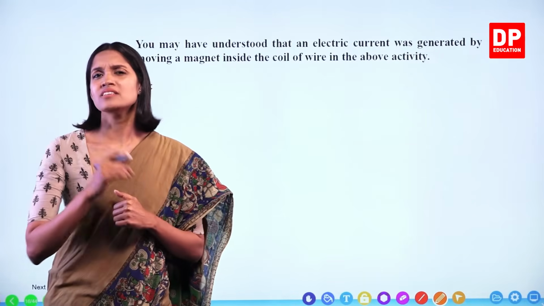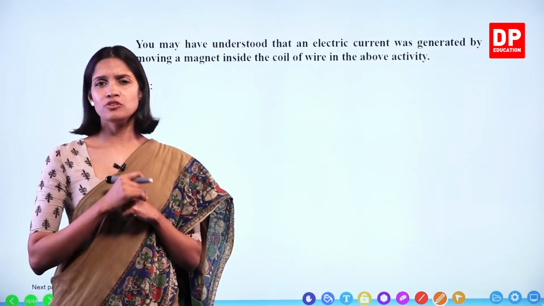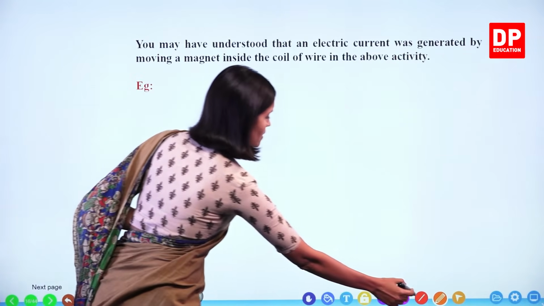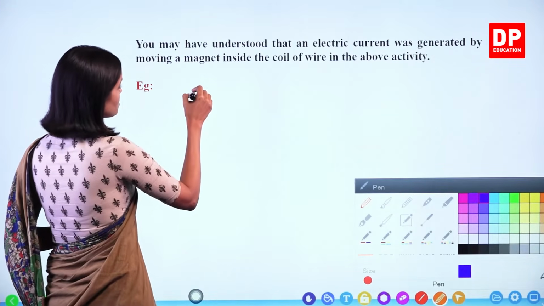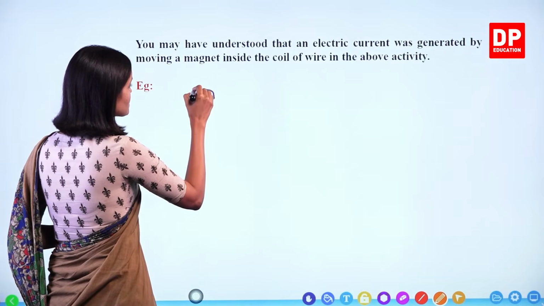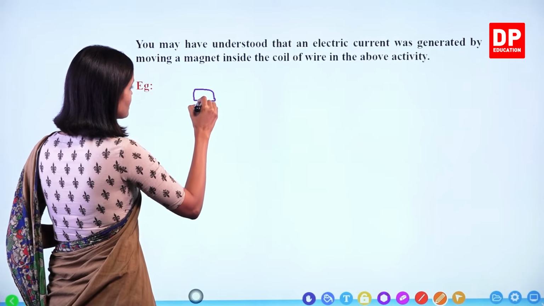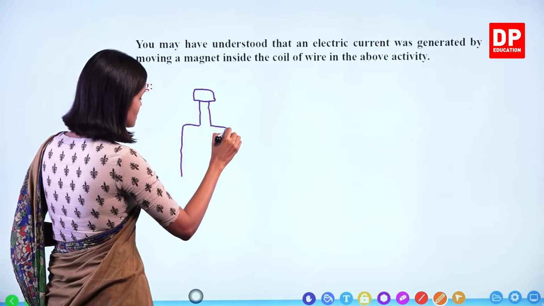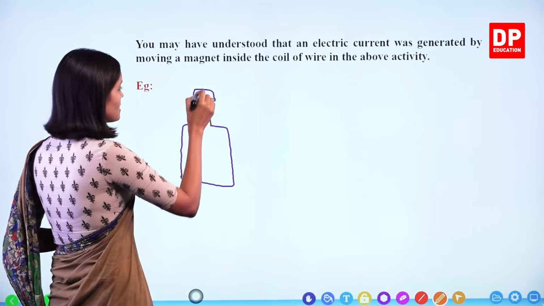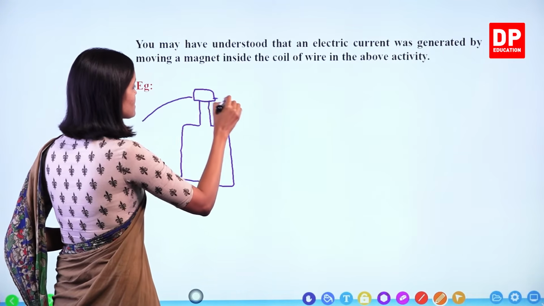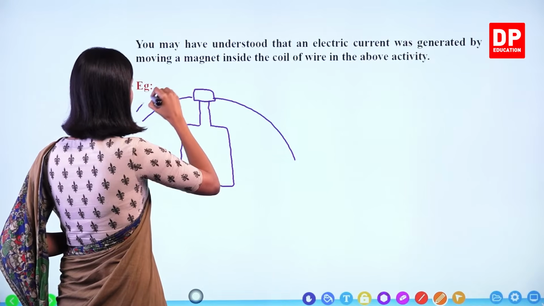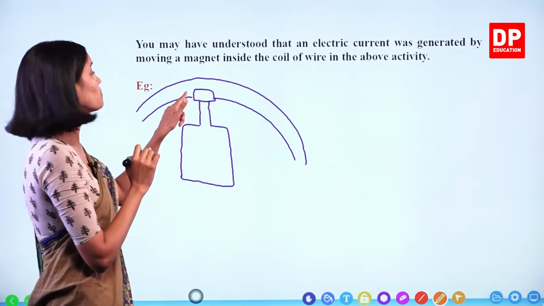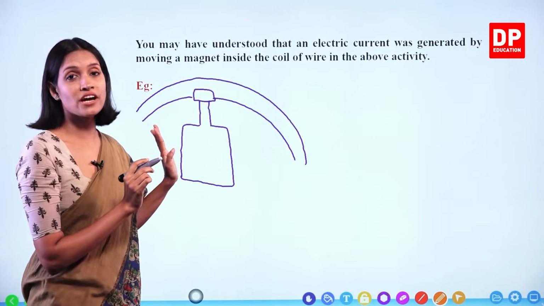Right, children? At the same time, do you remember that I explained how a bicycle dynamo works? We'll go to that one again. I explained that a bicycle dynamo is a structure like this. It is connected to the bicycle such that this cap-like part, the top part, touches the tire of the bicycle.